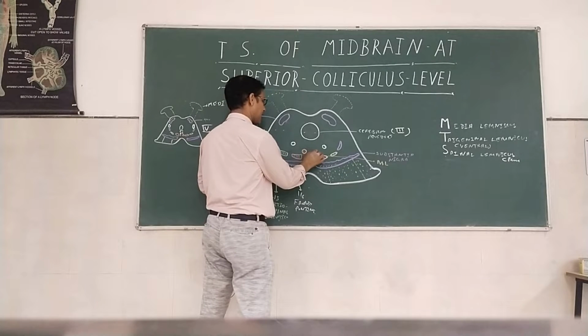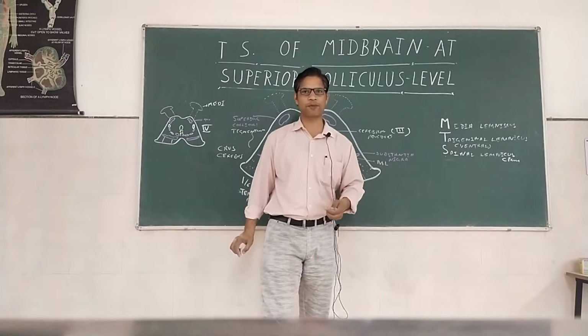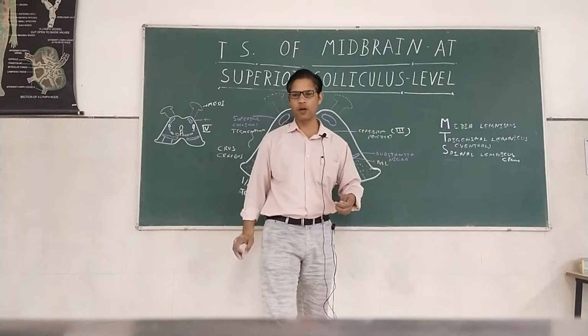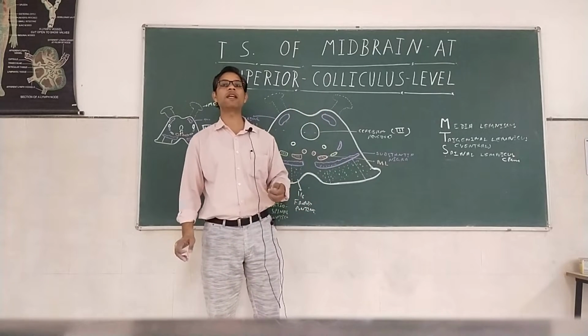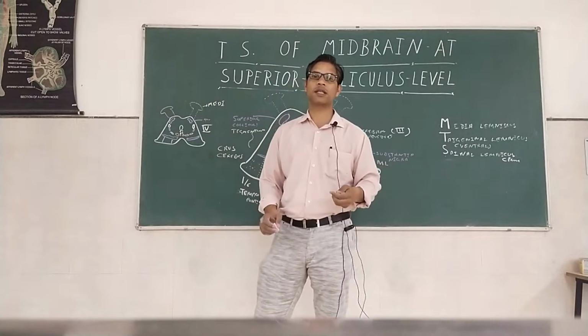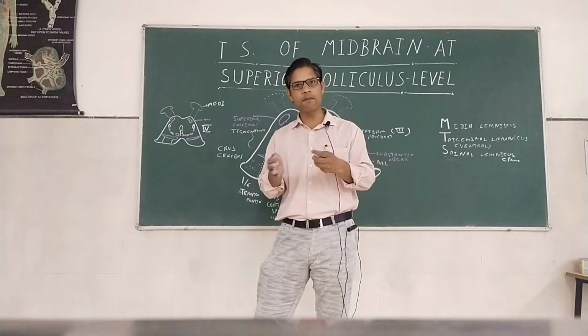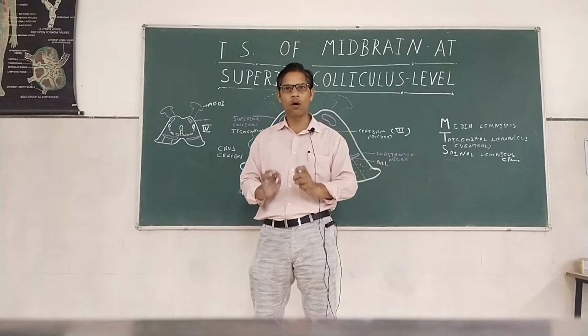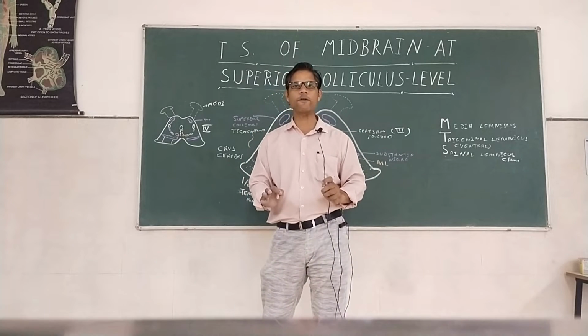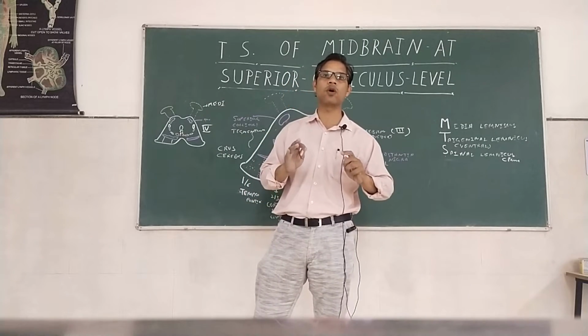These are pink in color, covered by a capsule, and they receive their afferents majorly from the cerebellum, cerebello-rubro, but also receive afferents from cortical areas number 4 and number 6, known as cortico-rubro.